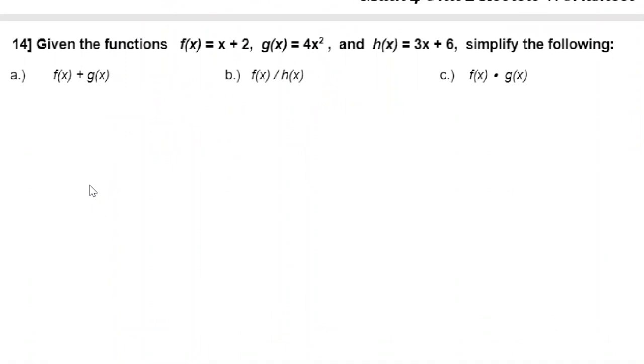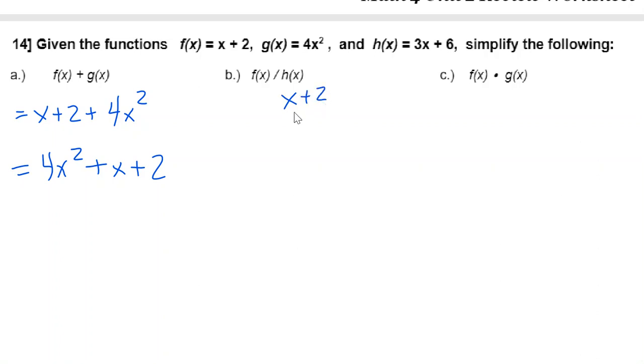Now for these, we are simply substituting in the algebra chunks. Here we have x plus 2 added to 4x squared, and you probably would find them in standard order, like that, 4x squared plus x to the 1, no x. Here you've got f of x on top, you've got h of x on the bottom, and I hope somebody realizes that you can factor the guy on the bottom into something that seems to be related to the top.